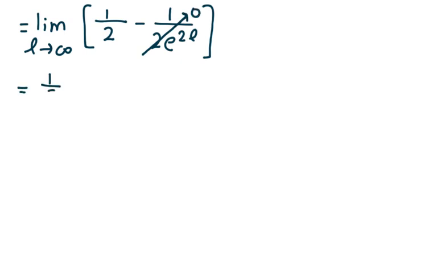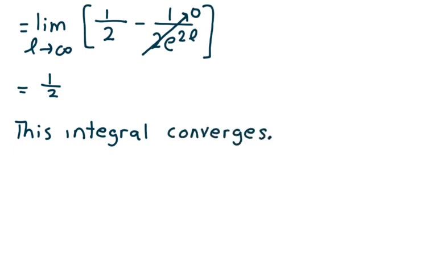And so we're left with 1/2. And so since we get an actual number back, we can say that this integral converges. And that's how we do example 2. Let's take a look at example 3.